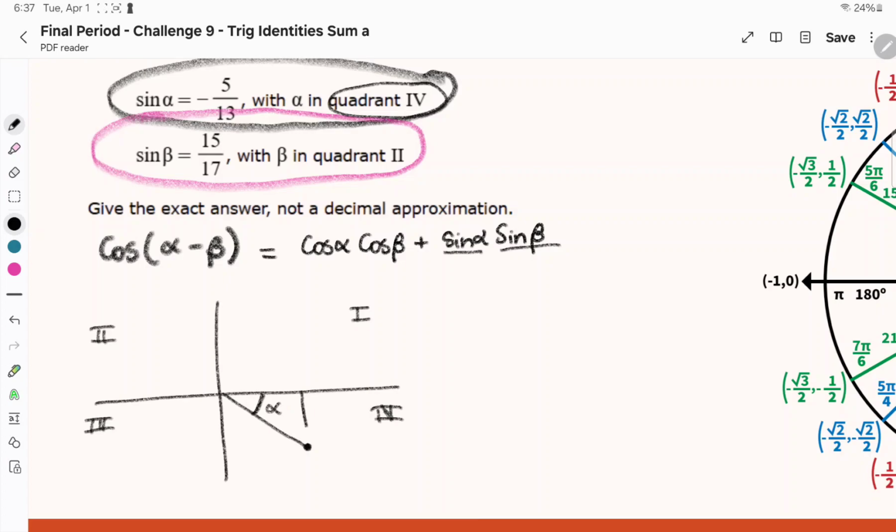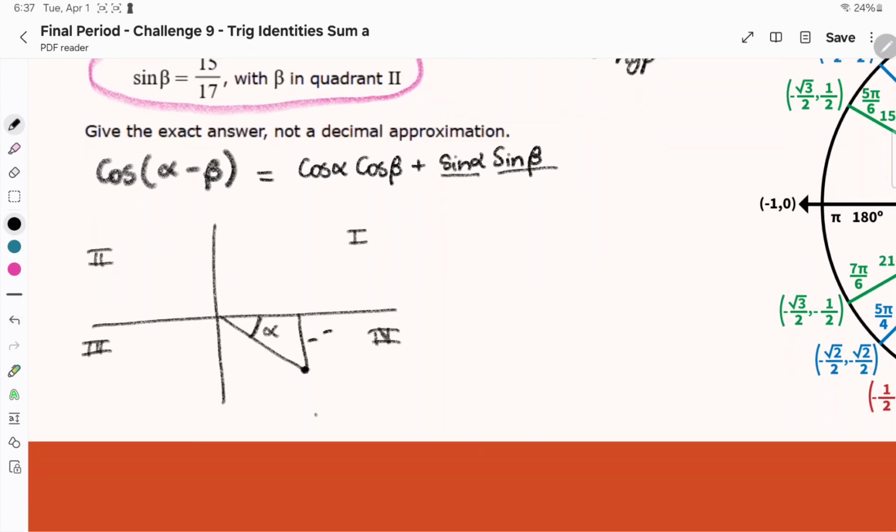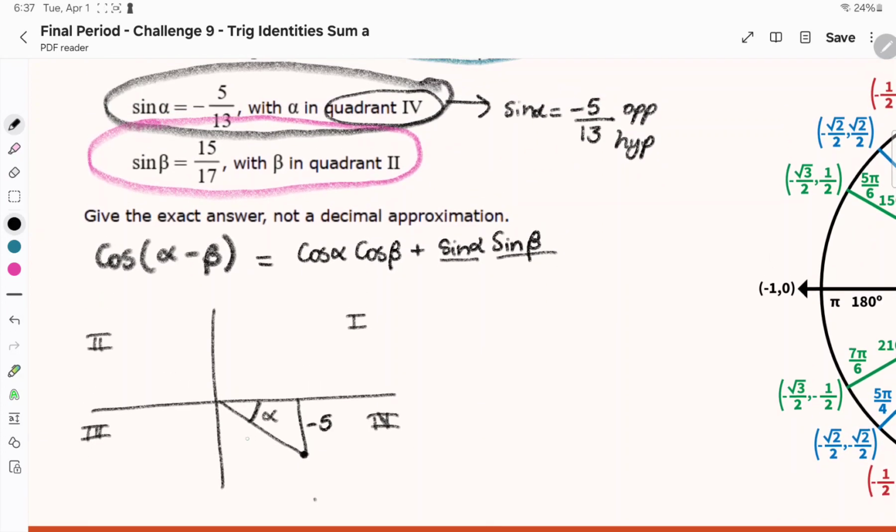We draw a little triangle, right? But we have that sine of alpha is minus 5 over 13. And what is sine? You should already know this by memory, but fast. It's opposite over hypotenuse. So this is the opposite side. So the opposite would be minus 5. And the hypotenuse is going to be 13.